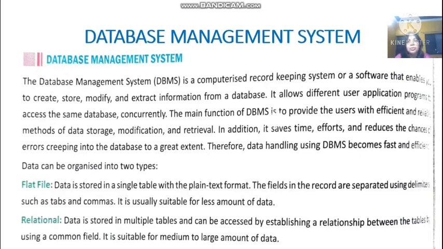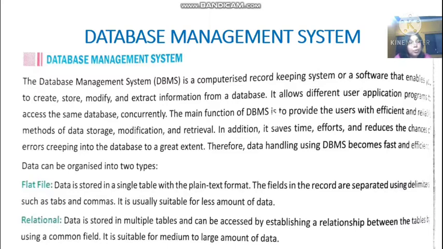Okay, so next is the database management system. Till now we concentrated on the database. Now, how is this database managed digitally? Till now, suppose we have a library management system in our school, it is manually managed. When it is stored digitally in a computer, that becomes a database management system. So a database management system is a computerized record keeping system or software that enables you to create, store, modify, and extract information from a database.